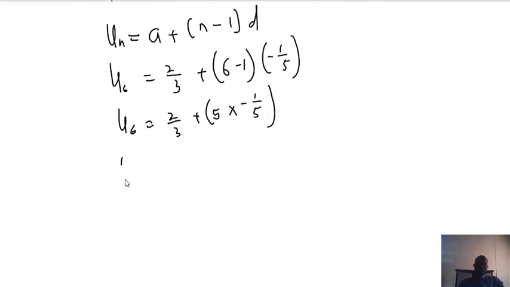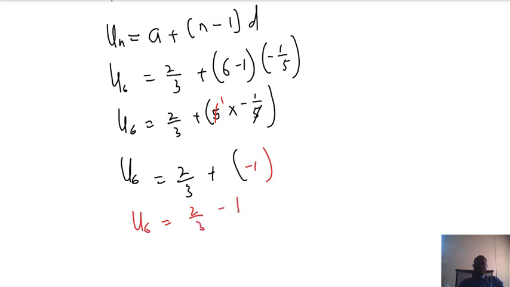Here the 5 will cancel this 5, and we are going to be left with 1, times negative 1. So we have U6 equal to 2 over 3 minus 1.